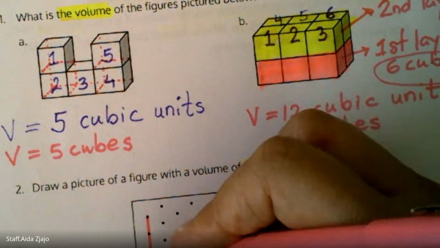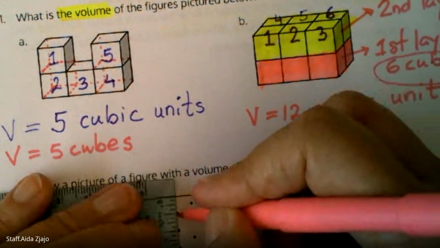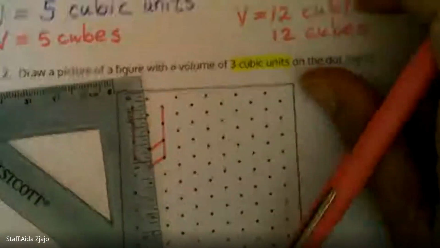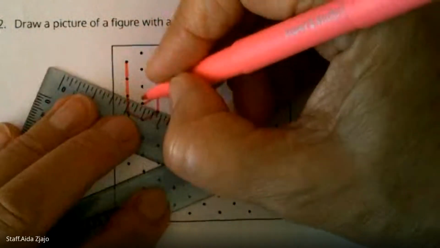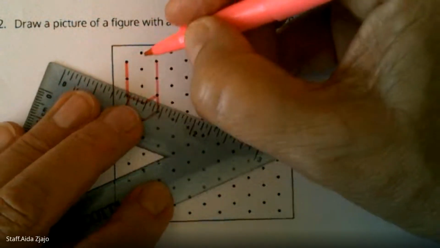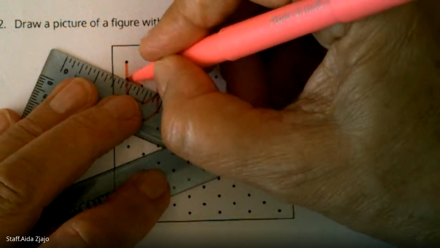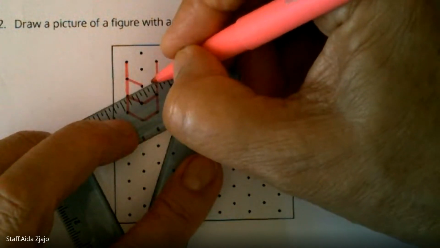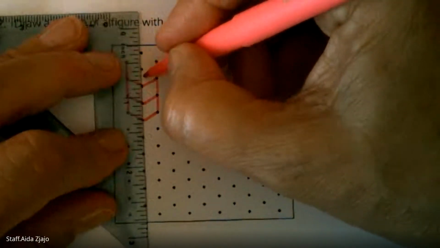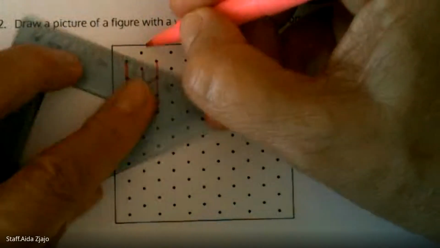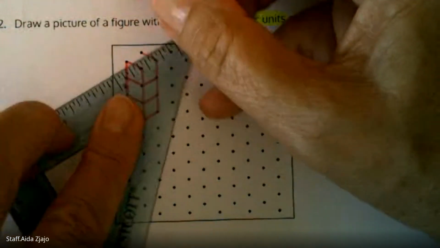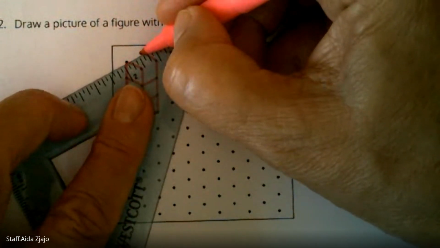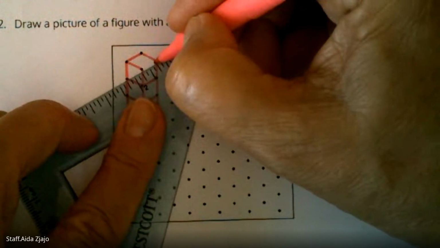Okay, so here's, sorry, can you see it? Okay, so I made 1 cube the base, and then another cube. I'm adding the cubes, and then I'm adding the top cube, and I can see the top of that figure.